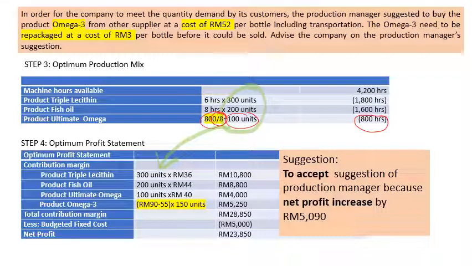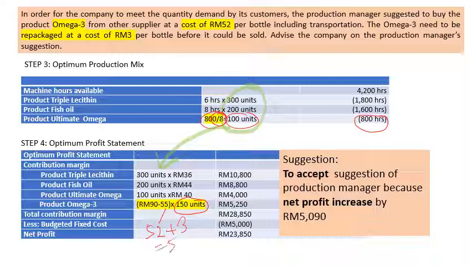So when you buy third ranking product from outside supplier, you can actually fulfill its maximum demand. Maximum demand for product omega-3, your third ranking product, is 150 units. And then if you buy from outside supplier, you incur purchase price 52 ringgit plus packaging cost 3 ringgit.